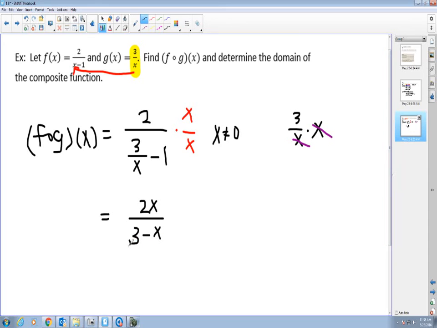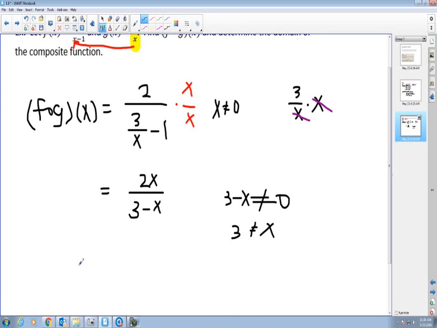So now I'm looking at this denominator, 3 minus x. This 3 minus x cannot equal 0. So if I move my x over, that tells me that the x cannot equal 3 as well. So I got 2 restrictions on my domain here.